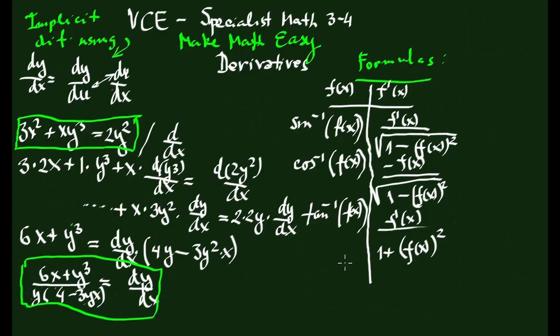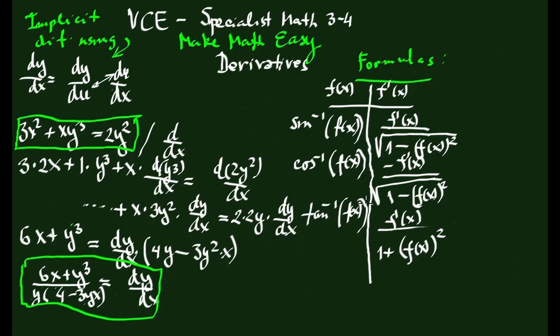The only difference is that where we had x, you just employ f of x, and where we had 1 in the numerator, you put f prime of x, and that's the only difference.